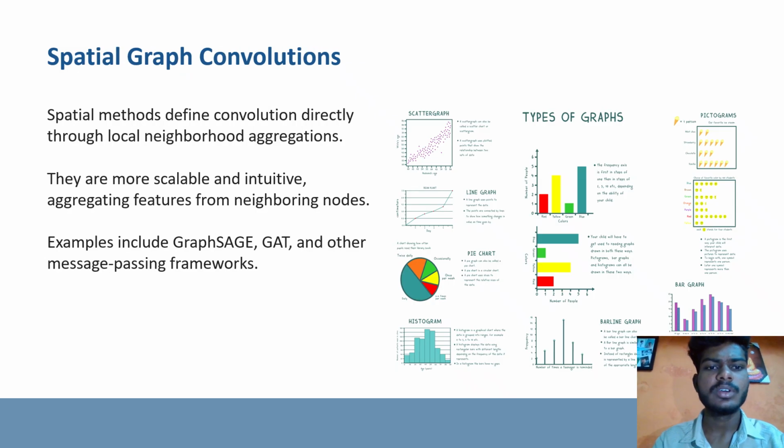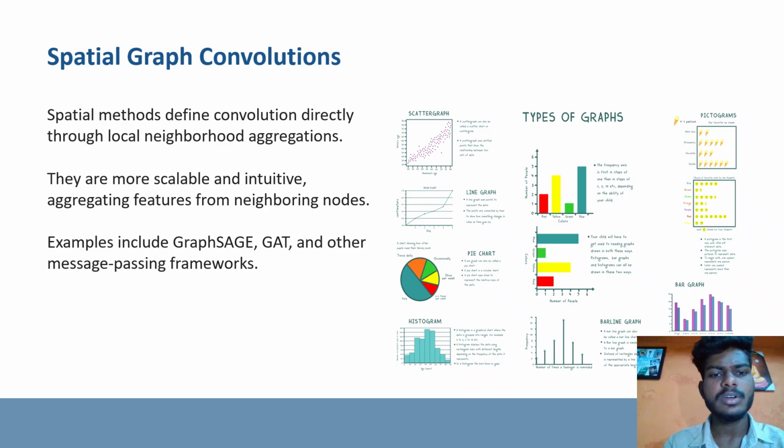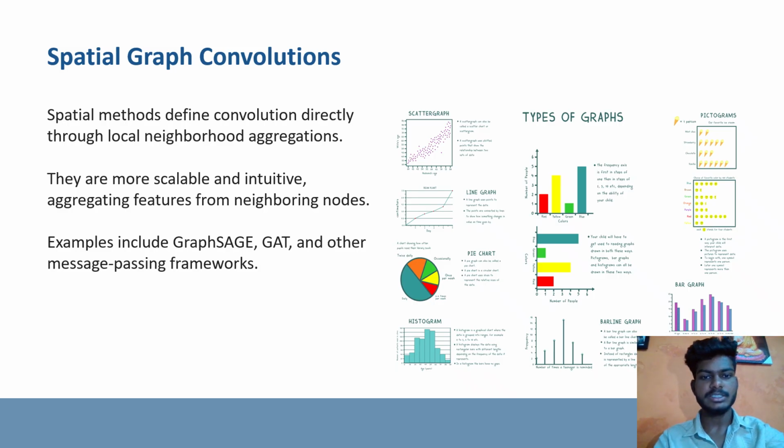Spatial graph convolutions. Spatial methods define convolution directly through local neighborhood adjacencies.